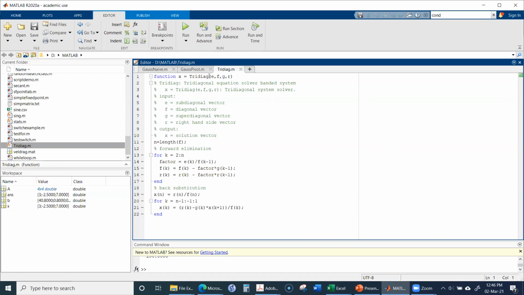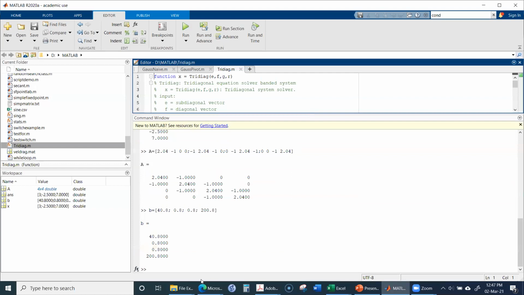E are the subdiagonal elements, the elements under the diagonal. F are the elements along the diagonal, G are the elements above the diagonal, and R are the elements on the right hand side.